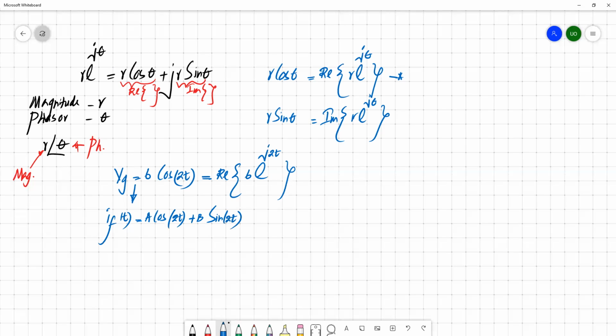So if you have a sinusoidal excitation or a sinusoidal type of source in the circuit, then definitely the right hand side of the differential equation would be a sine function or cosine function. For that particular scenario, the forced response can be represented as a cos omega t plus b sin omega t in general.